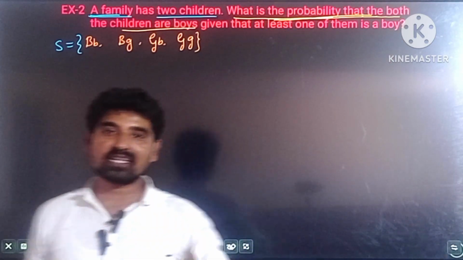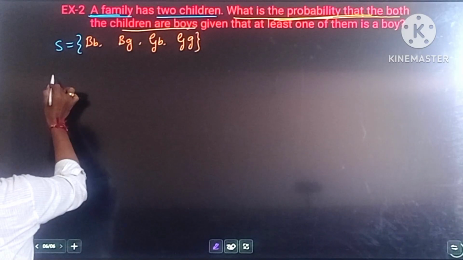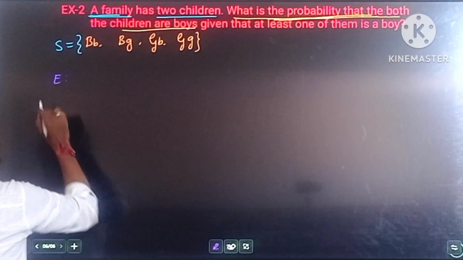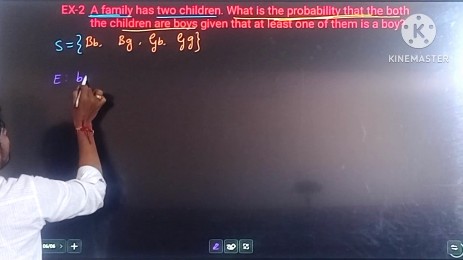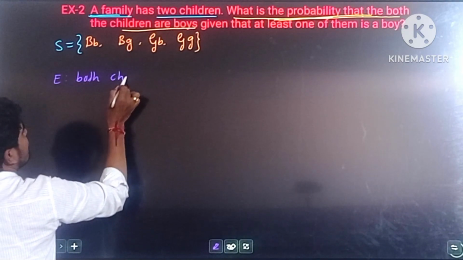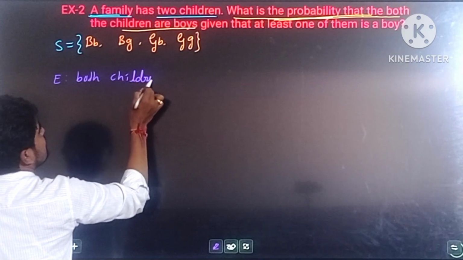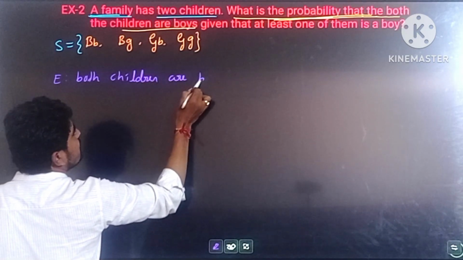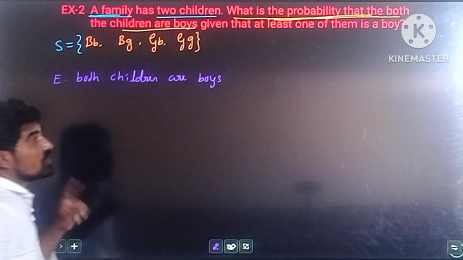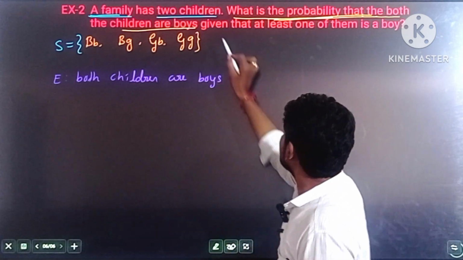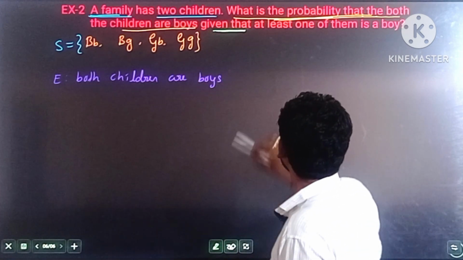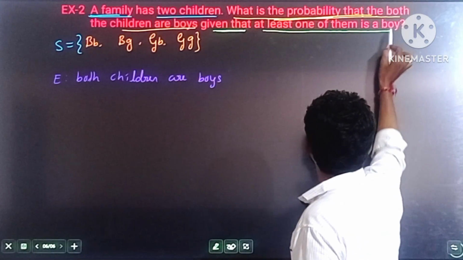It means we are calculating an event. What is the calculating event? That is E, and E is: both the children are boys. And we need one more, the given event. Here it is directly given in the question that at least one of them is a boy.